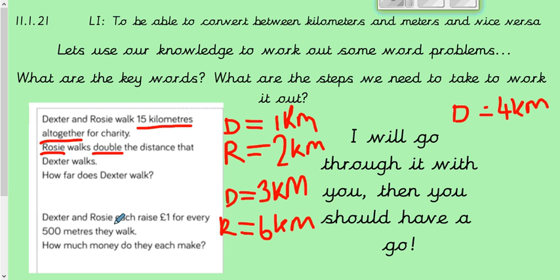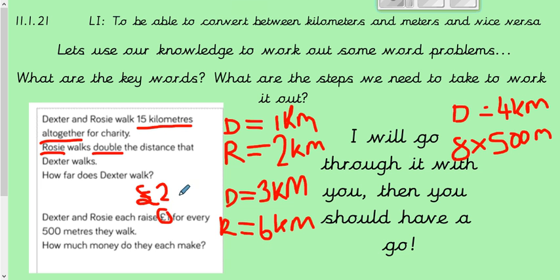So if they raise £1 for every 500 metres they walk, for example, if Dexter did walk 4 kilometres, that is 8 lots of 500 metres, okay, because we know that 500 metres is 1/2 of a kilometre, okay, so in every 1 kilometre they would have got £2, okay, so if I write that, that might help you guys.